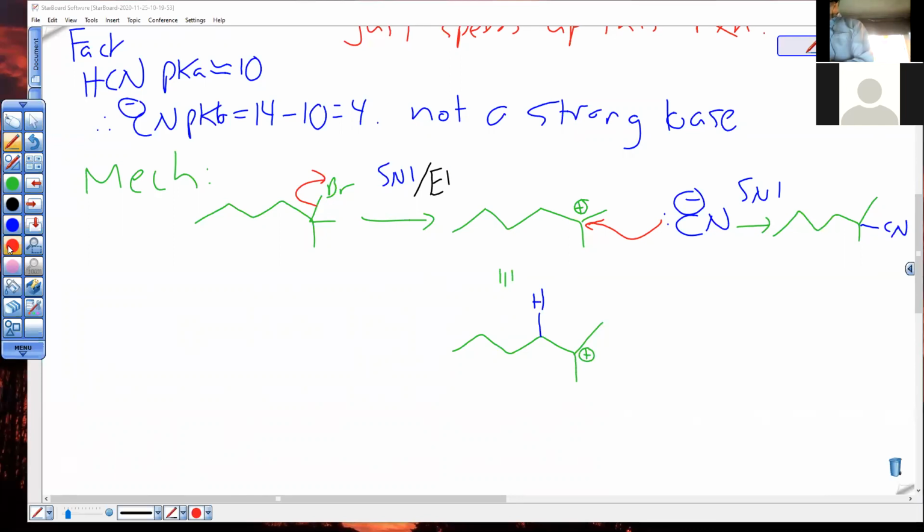And beta. And you can remove the H with cyanide. It's not a great base, so it's not itching to do this. You get very small amounts of this product. Always, E1, very small amounts. Grab H, make pi.